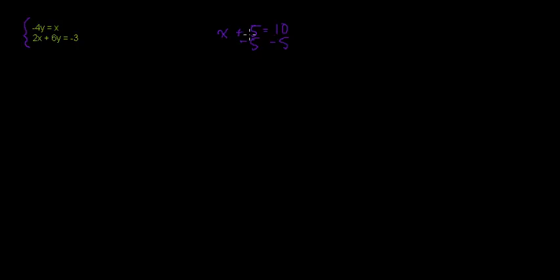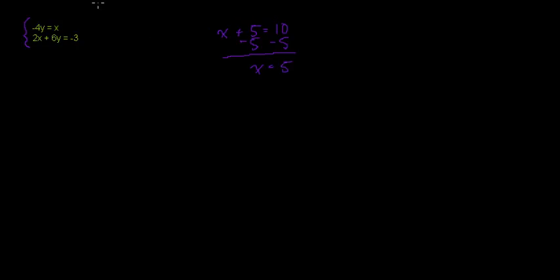Since it's an equation, you have this equal sign, and to make sure that it's true, you have to do what you do to one side to the other. So now you have x equals 5, right?